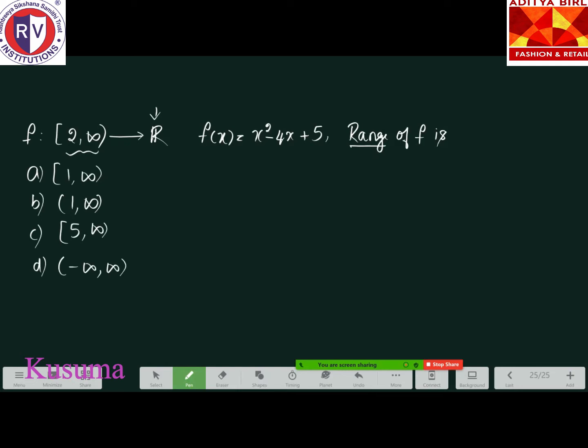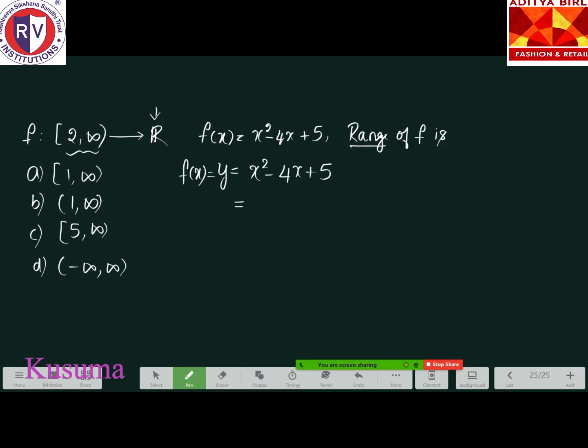Okay. Now, let us see. Let us write this f of x as y. Okay, let this f of x be y, which is equal to x square minus 4x plus 5. Here, what I'll do is, I'll try to make it a perfect square.